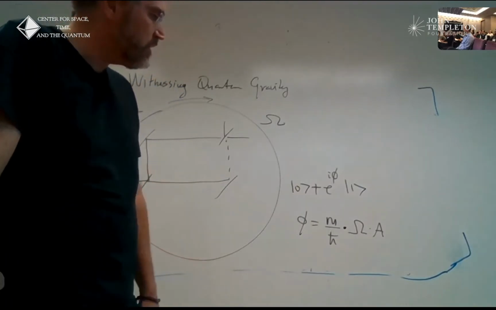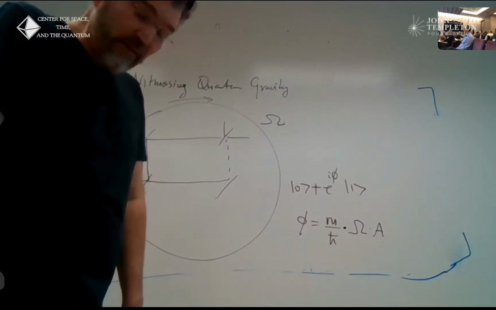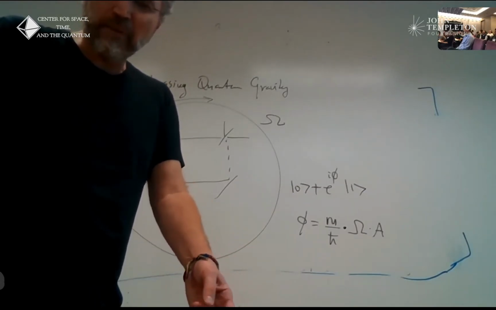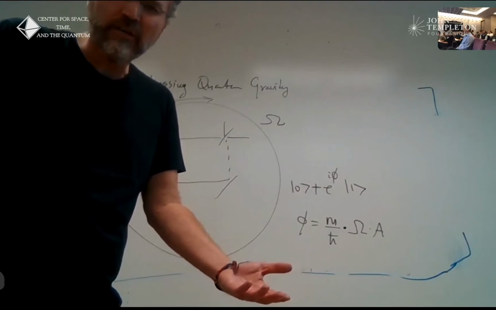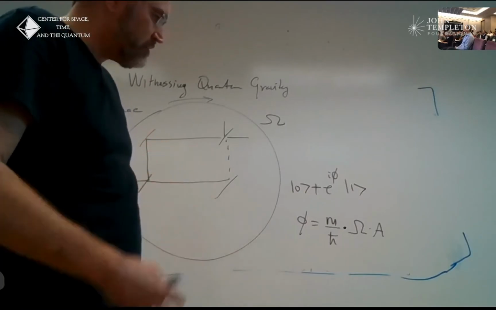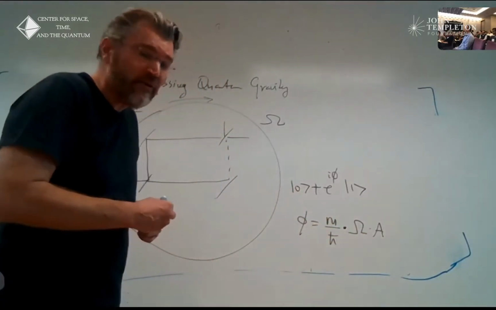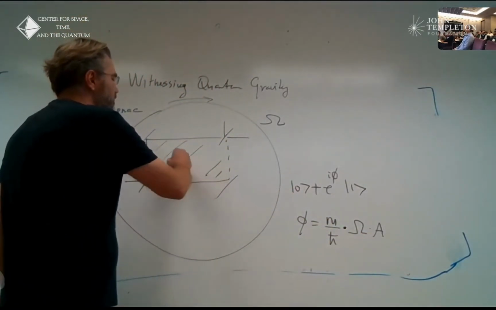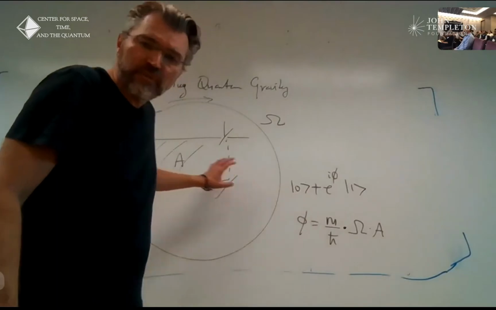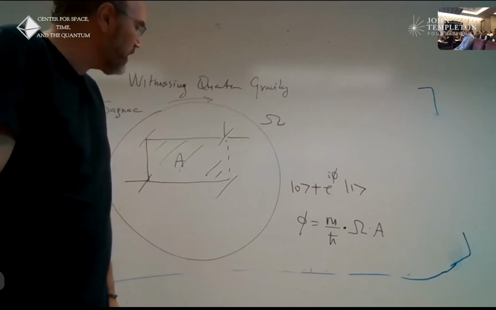Most of you will probably know that you can think of the frequency omega as a kind of effective magnetic field. It's going to be important for what I have to say next, because magnetic field is a kind of curvature. And of course I want to think in terms of relativity in this case, which is going to be the punchline. So you can think of omega as the magnetic field. A is the area of your interferometer. m is the mass of the particle that undergoes interference. So it's a very simple formula, actually.